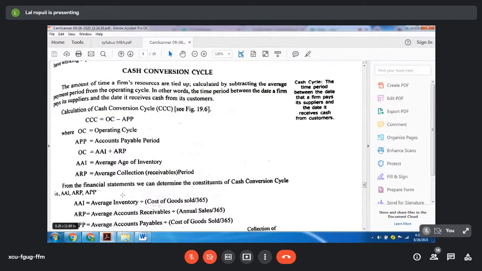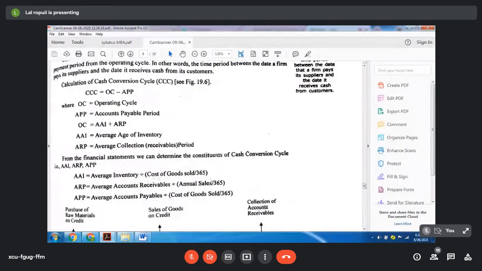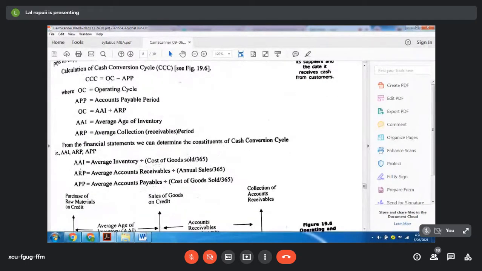From the financial statements, we can determine the constituents of the cash conversion cycle. Average age of inventory is average inventory divided by cost of goods sold divided by 365 days. Accounts receivable period is average accounts receivable divided by annual sales divided by 365 days.